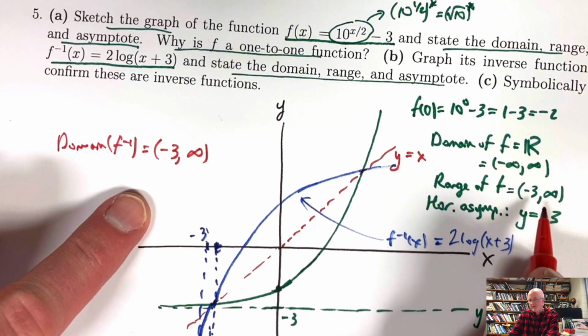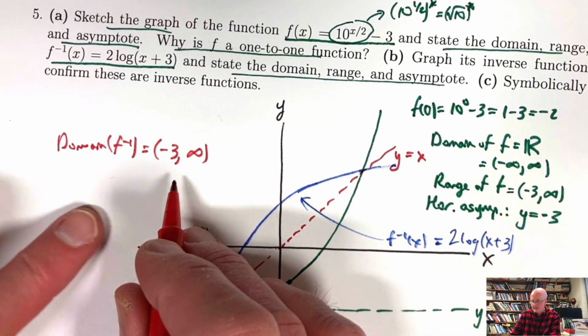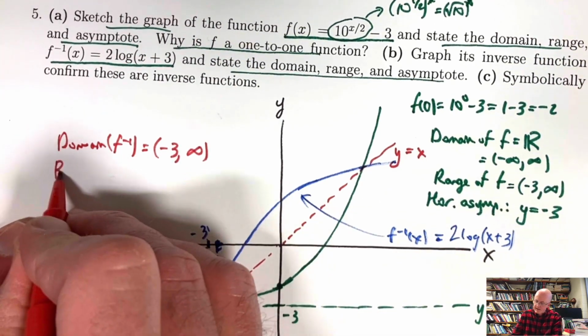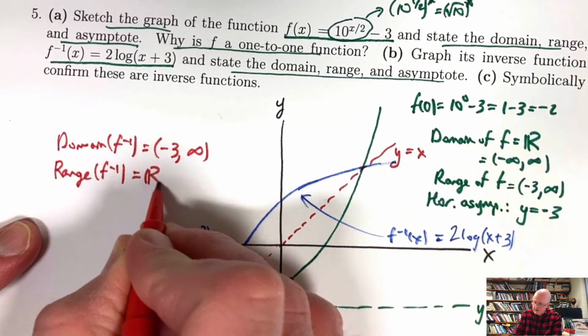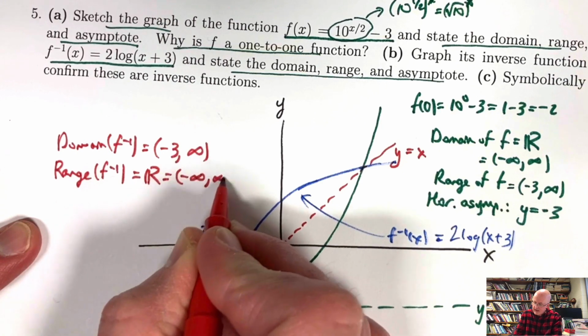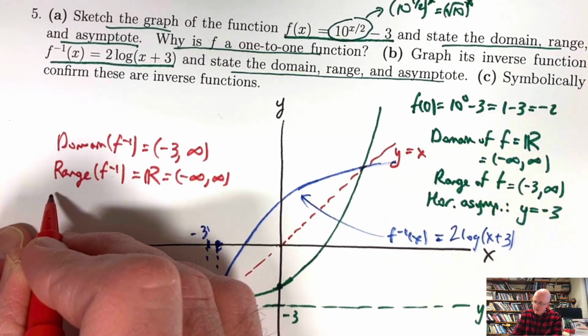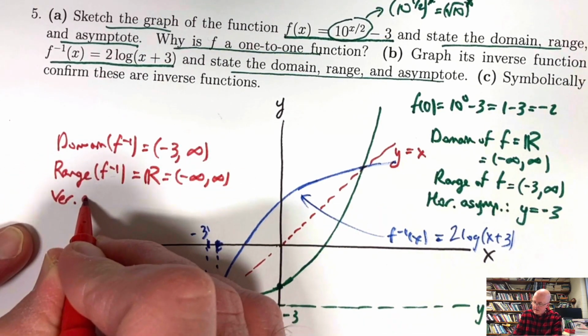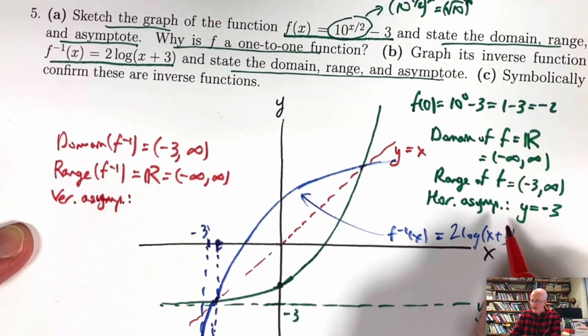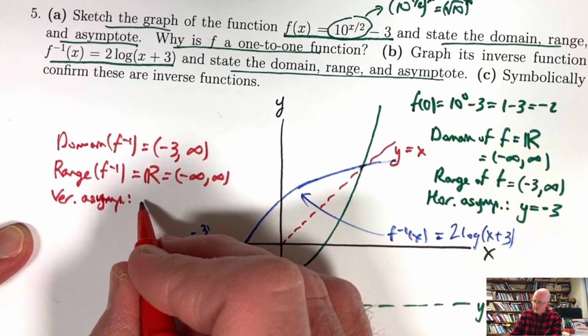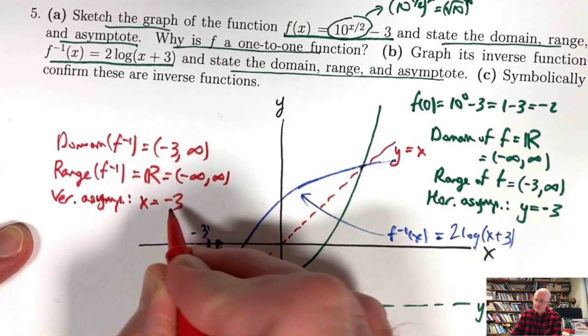You would want to think of the range of f as y values and the domain of f inverse as x values, at least in this picture. The range of f inverse is going to be all real numbers, minus infinity to infinity, and the asymptote is going to be a vertical asymptote. The horizontal asymptote at y equals negative 3 becomes a vertical asymptote at x equals negative 3.